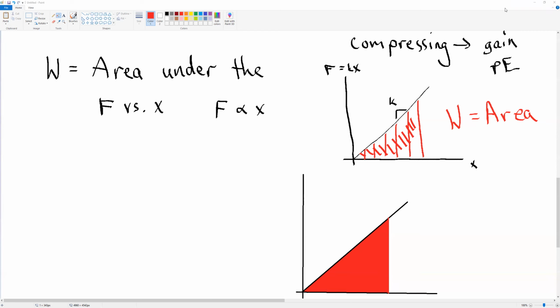Since we're waiting for answers, this might be a stupid question, but back to the concept where you said in a spring, regardless of whether you're stretching or compressing, the potential energy is a positive, a gain in potential energy. Is it only in the case of a spring? Or are there other systems? Any simple harmonic oscillator.